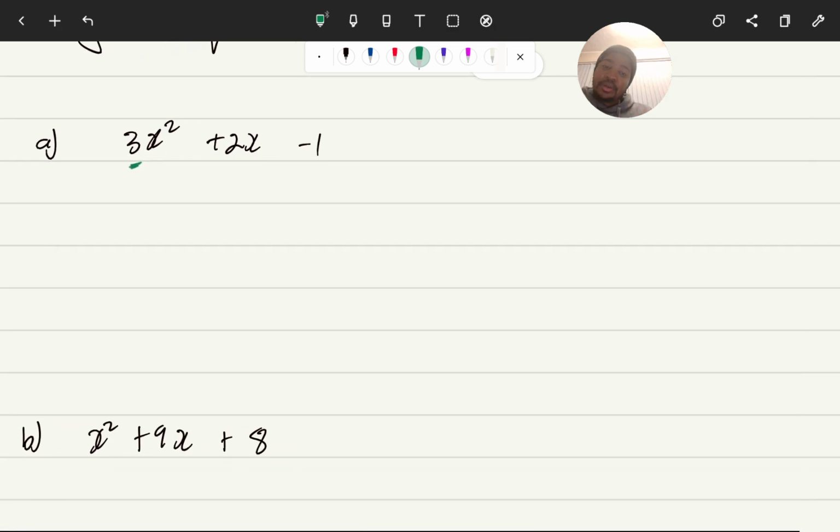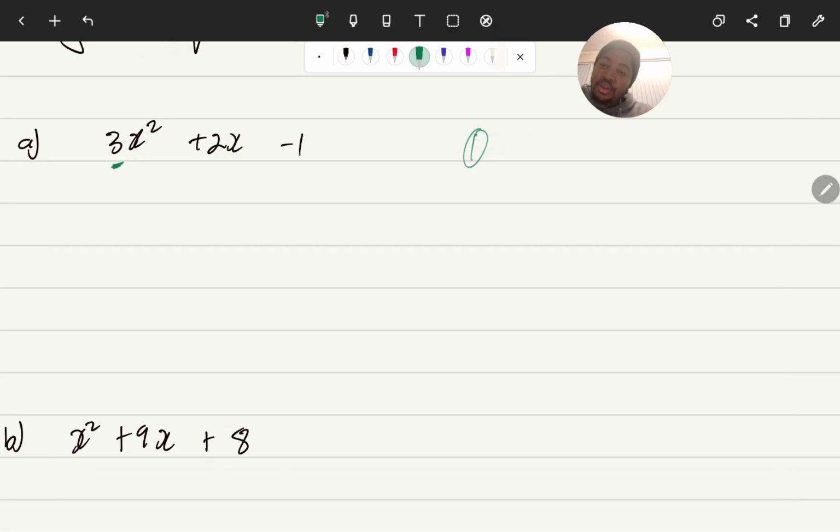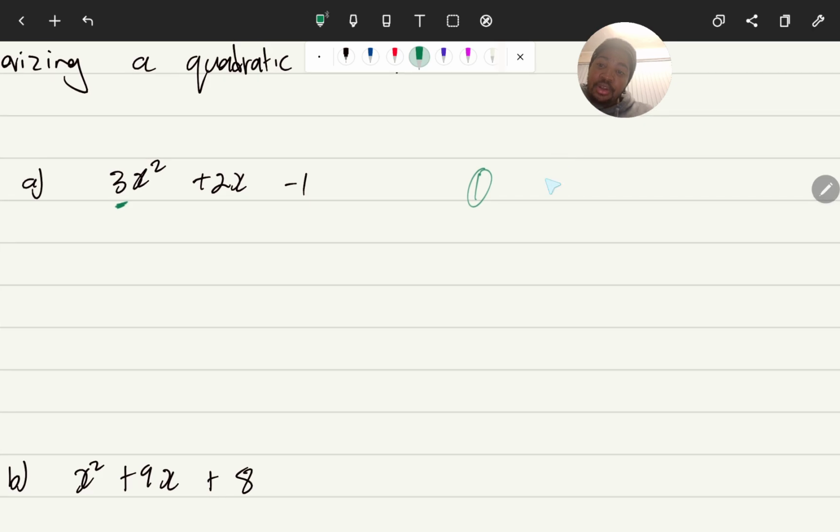So the first step, step number one, you multiply the coefficient of x squared with the last term. So you have 3 multiplied by 1, which is 3. Focus on 3. What are the factors of 3? It's 3 and 1 multiplied together.